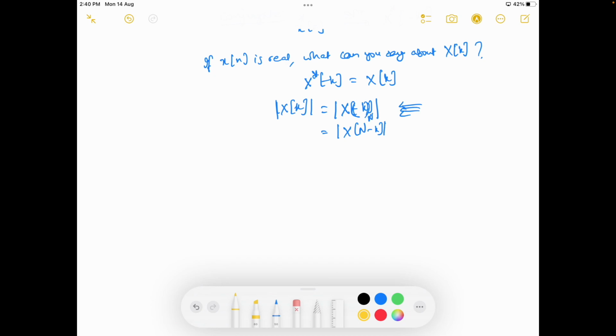N by 2, but because this N by 2 has two components, real part and imaginary part, so it's twice of N upon 2, so it's N only.